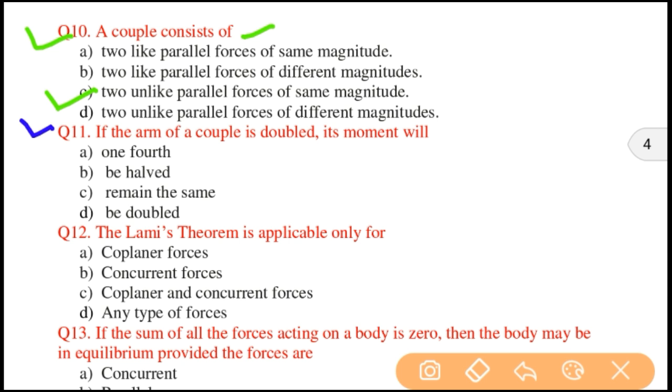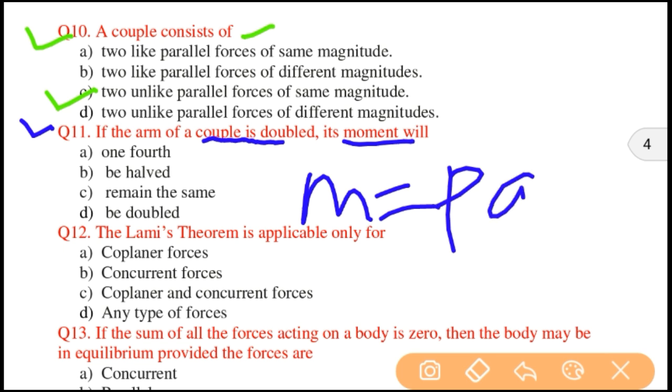In the next question, if the arm of a couple is doubled, its moment will also double, because the moment is given by P into A, where A is the arm and P is the effort. So when A doubles, the moment will also double. That is option D will be the correct answer.